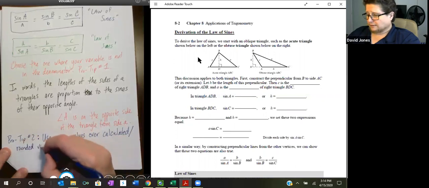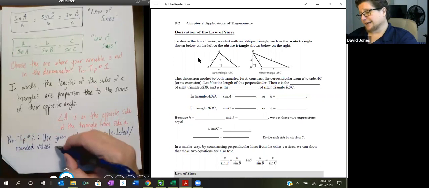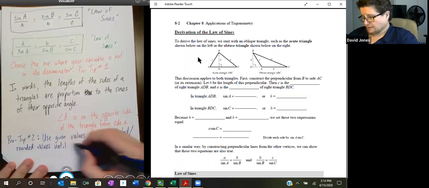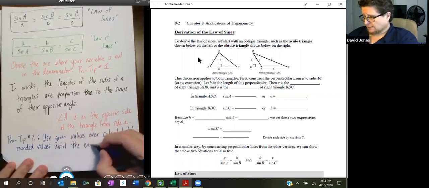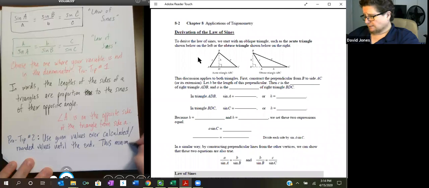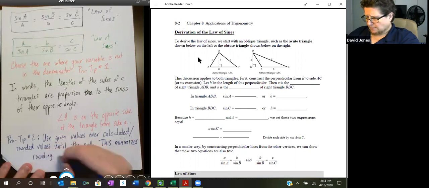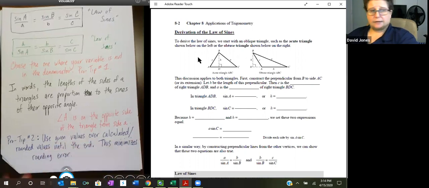Wait until the end. This minimizes rounding errors.